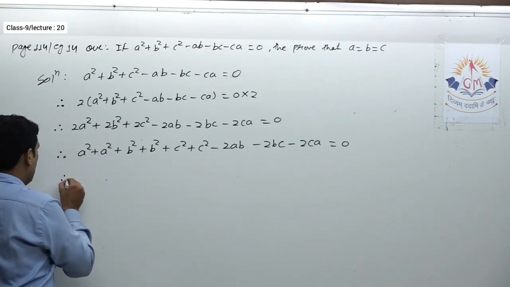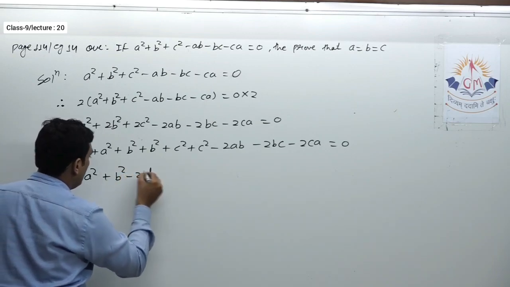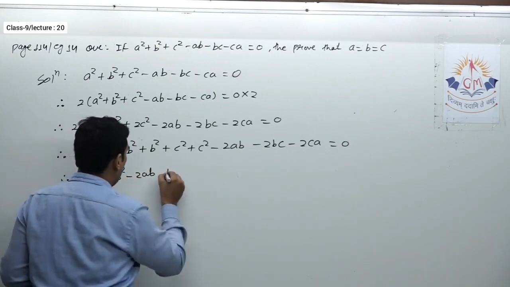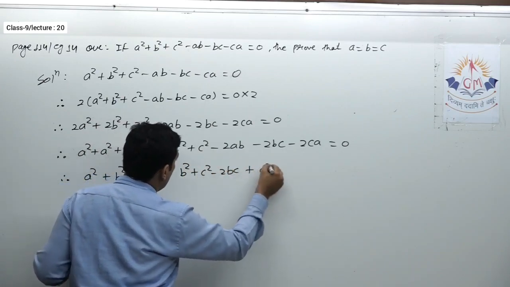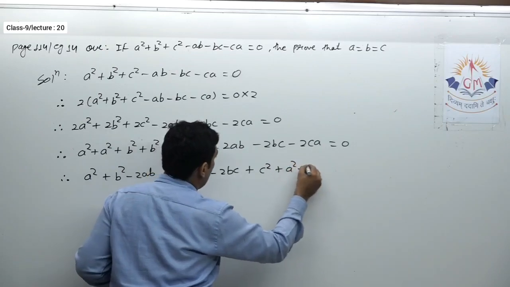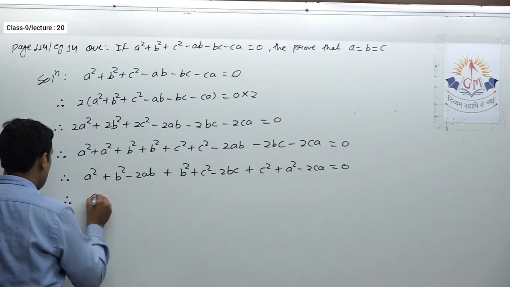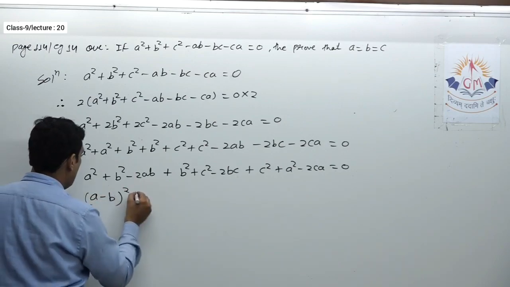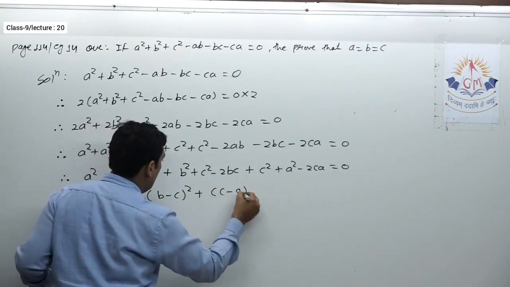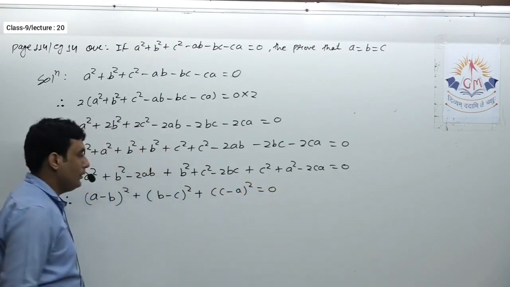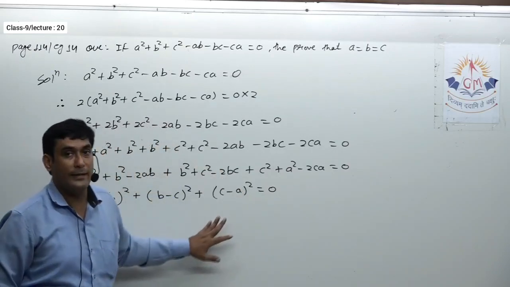Now I write those terms together which form an identity: a square plus b square minus 2ab, plus b square plus c square minus 2bc, plus c square plus a square minus 2ca is equal to 0. So here I will get a minus b whole square plus b minus c whole square plus c minus a whole square is equal to 0. Now the second question that we solved just now, we have to apply that thing only.